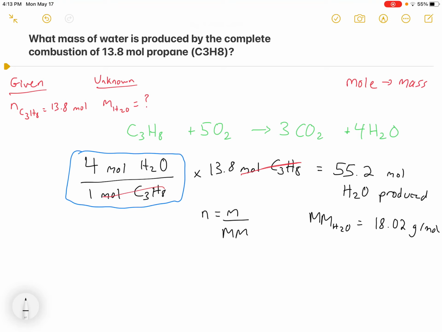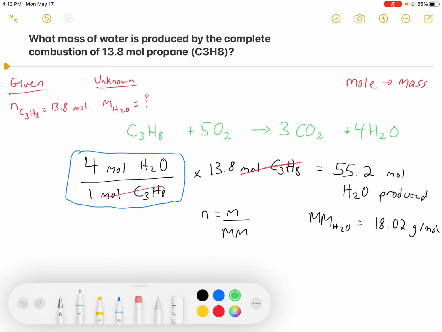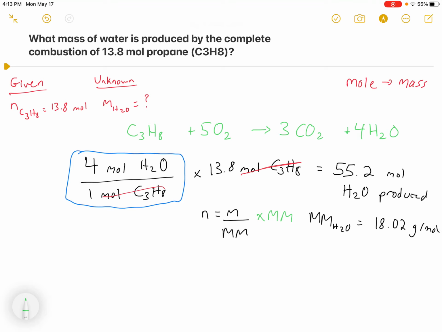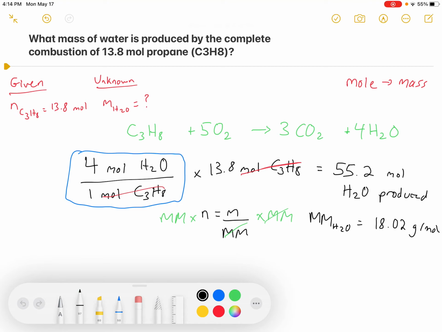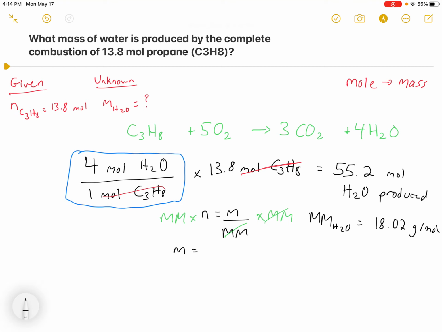And then if we want to find the mass of the water, we simply need to rearrange this equation. So I just showed you a rearrangement there with the green. Rearrange the equation using algebra so that we get mass equals moles times molar mass.